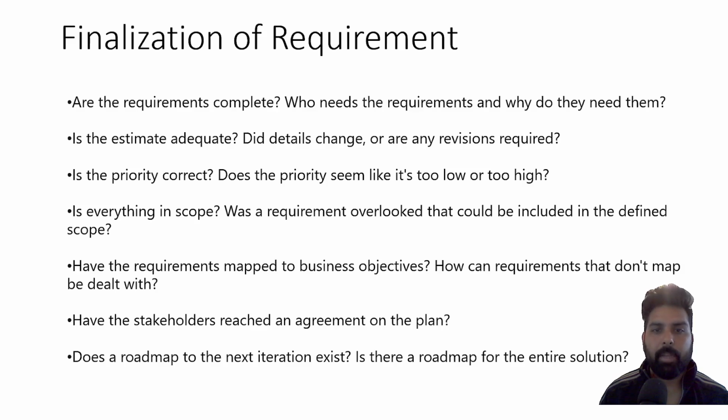Is it an MVP, or is MoSCoW defined correctly? Is everything in scope for us? Have the requirements been mapped to the business objective? And have the stakeholders reached an agreement on the plan? This is what we are going to talk about in sign off. And is there a roadmap to the next iteration actions? How do you take these requirements to the next iteration or the next step?